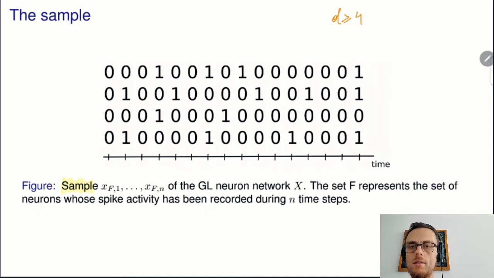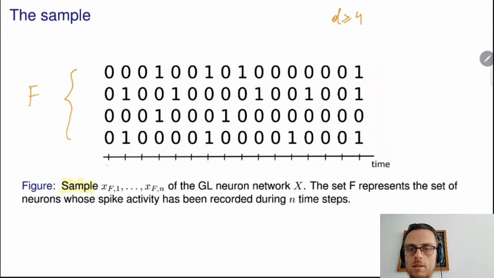In this case, let's suppose that we have observed the activity of the neurons in a given set, F. So F here represents the set of these 4 neurons, and these 4 neurons have been observed during n time units.